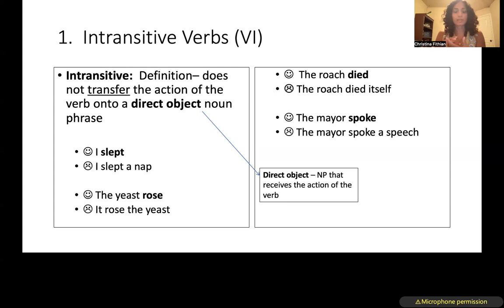In that case, die in Spanish, morirse, is actually a reflexive verb. It's not in English. It's an intransitive verb. Now, I can also say the mayor spoke. That's all right. I cannot say the mayor spoke a speech. So all of these verbs, sleep, rise, die, and speak, these are all intransitive verbs. You cannot apply the action of the verb onto some sort of direct object.